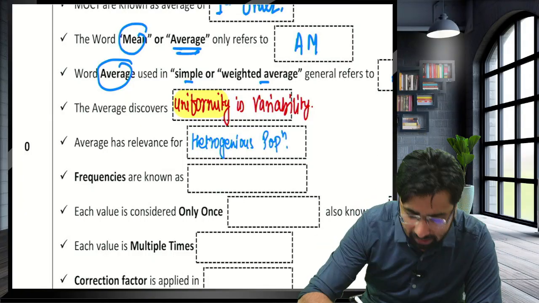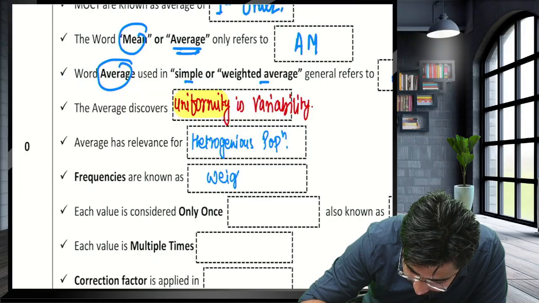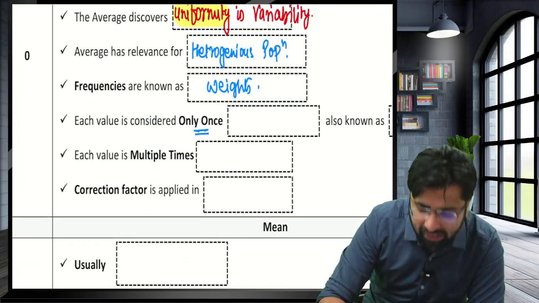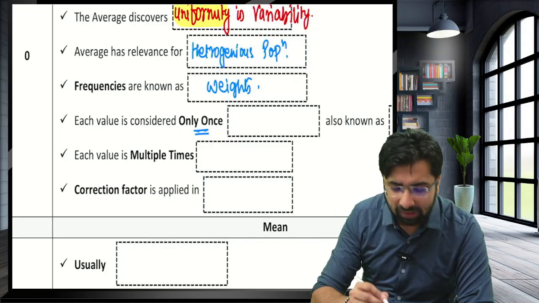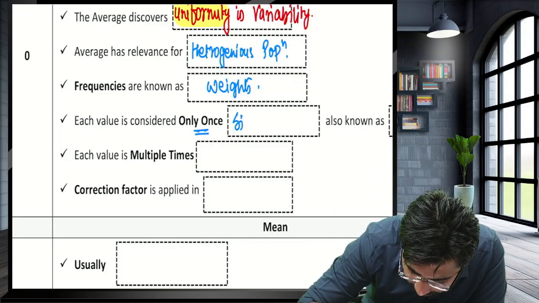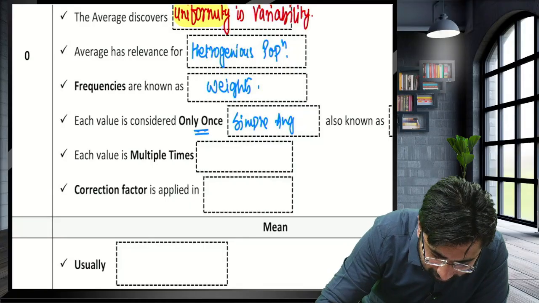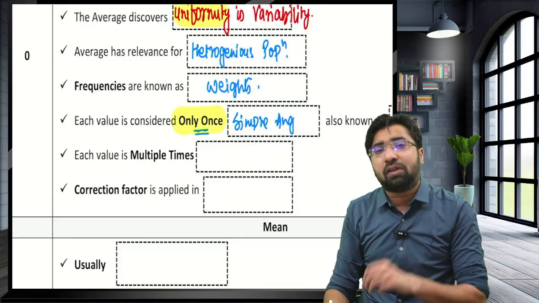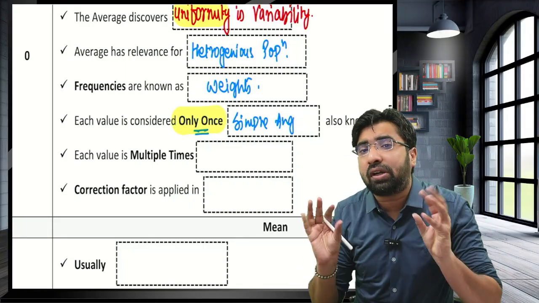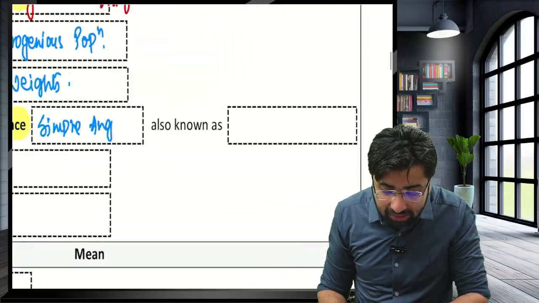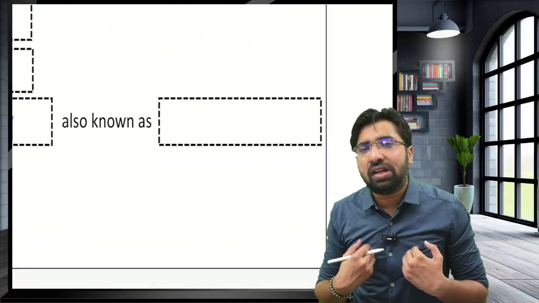Frequencies are also termed as weights. You already know. When each value is considered only once, it is known as an individual series, or we can simply say it is a simple average. When each observation is considered only once and we don't give any importance to frequency, it is known as simple average, or we can say unweighted. Frequency is only the weight.